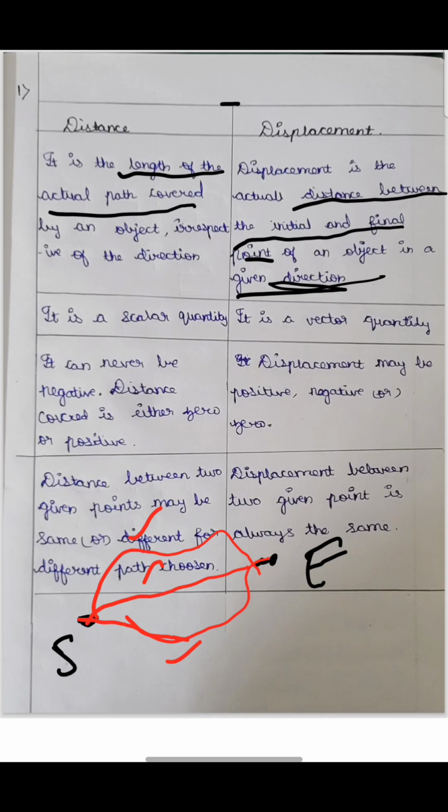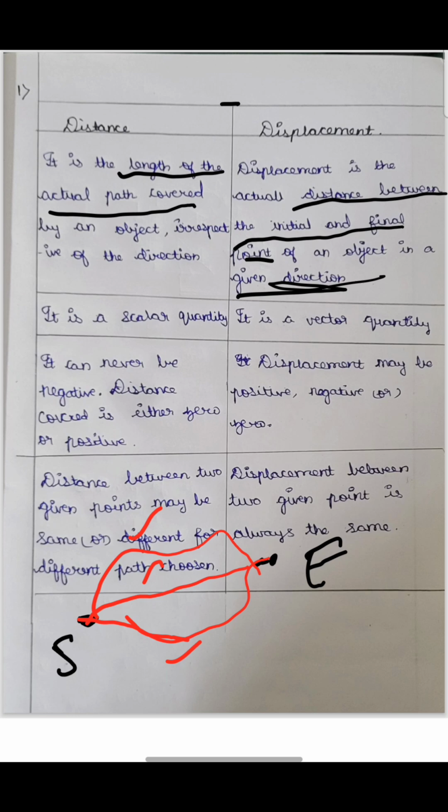Whereas on the other hand, displacement is the distance between the initial and the final point in a given direction. So one thing we have to notice is that it is the distance between two points in the given direction.